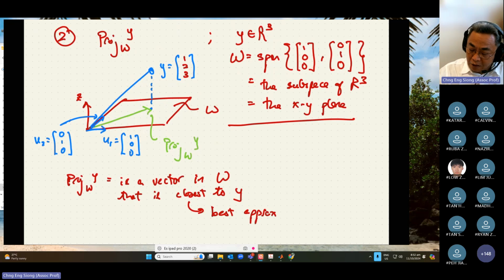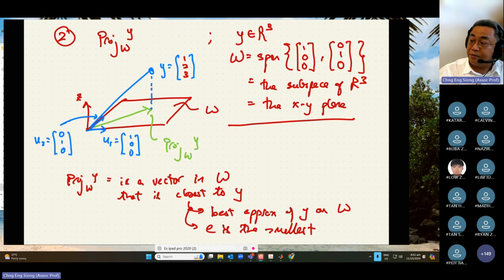Best approximate of Y on W. What does best mean? The error is the smallest. And where is the E, guys? Which color? I have the blue, I have the dash blue, I have the green. Where's the E? And of course, you will tell me that the error is the dash blue error.